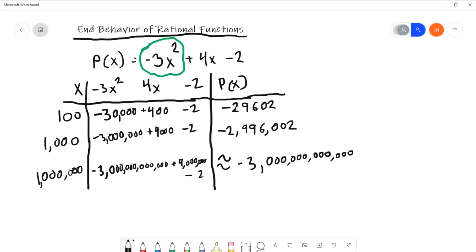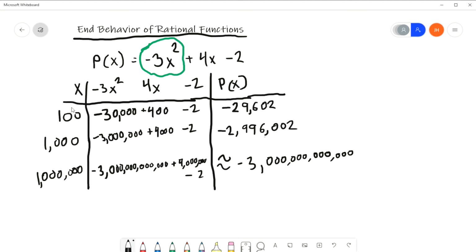Summing that up, I would get negative 29,602. So you can see that the 400 from the 4x has changed 3x squared a little bit, but not by too much, right? Negative 2 basically has no impact. What's 2 in the context of tens of thousands?